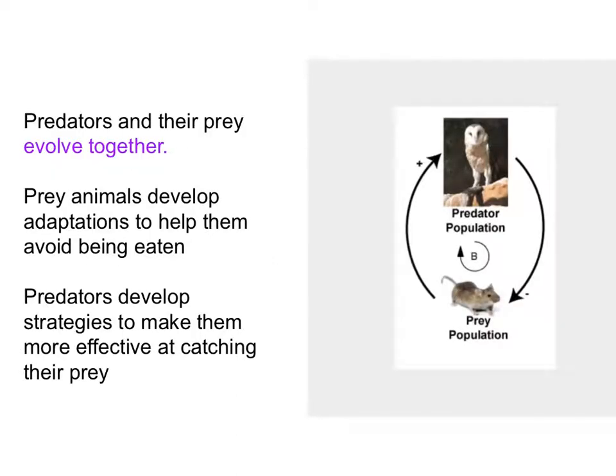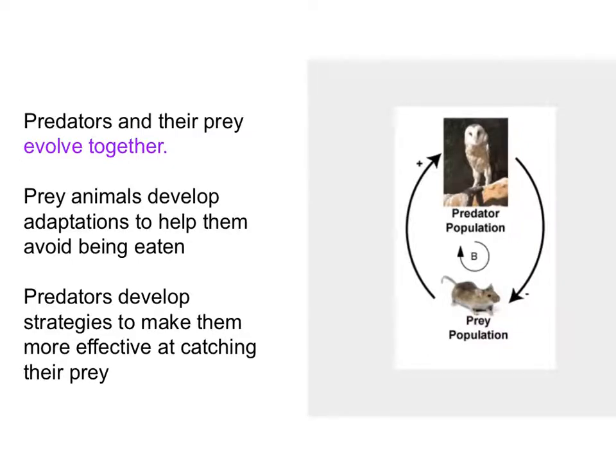One of the main points that we want to take away from this week is that predators and prey evolve together. Remember when we talked about evolution, that is something that happens over a long period of time. Not just days, but millions of years.